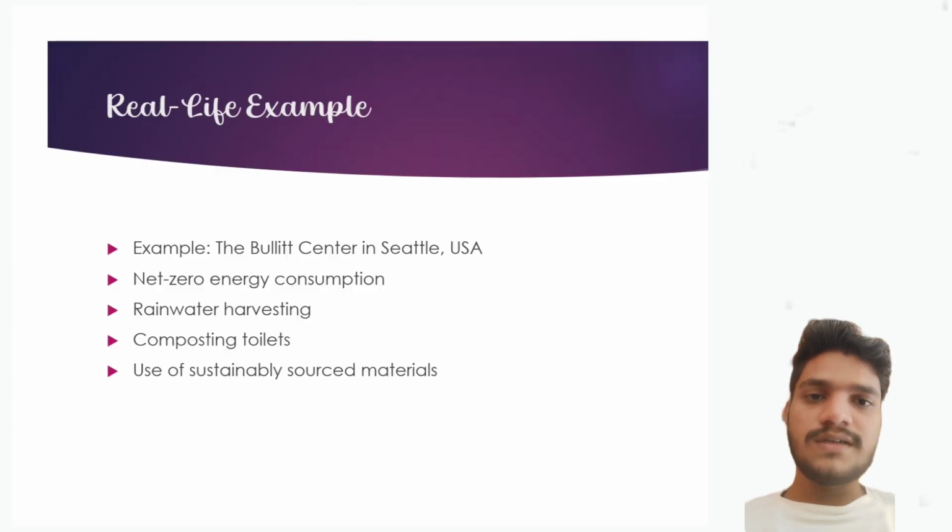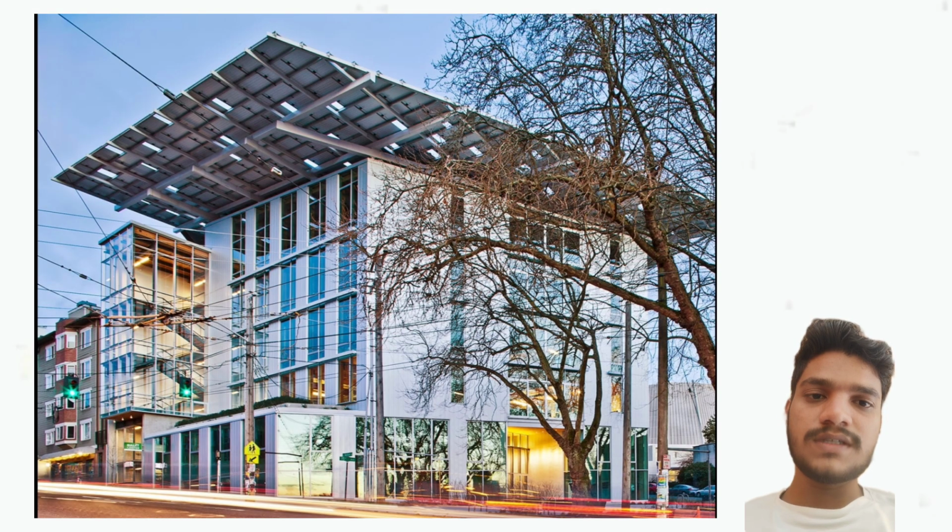In the next slide, the real-life examples. In the USA, the Bullitt Center in Seattle is the best example of a green building, known as one of the greenest commercial buildings in the world.